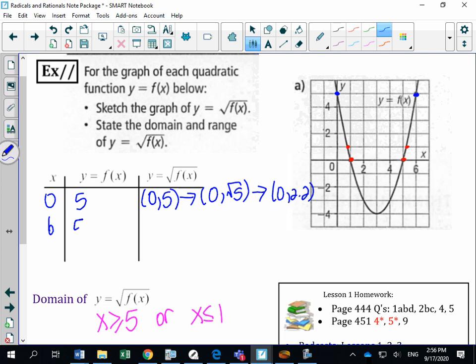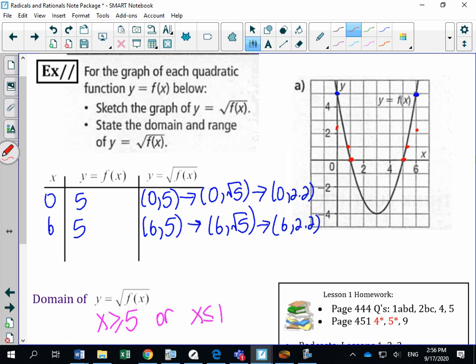So x is 6, y is 5. The new point is going to be at 6 and the square root of 5, and that will be at (6, 2.2). I'll put those in red. So (6, 2.2) would be this, and (0, 2.2) would be this.